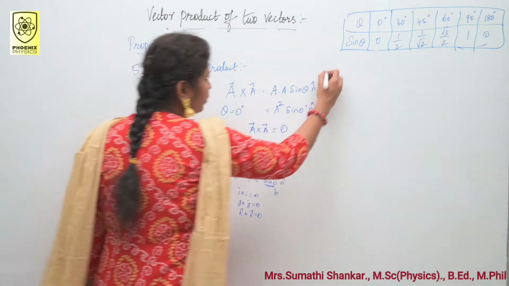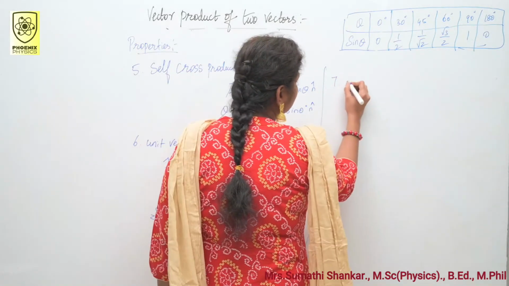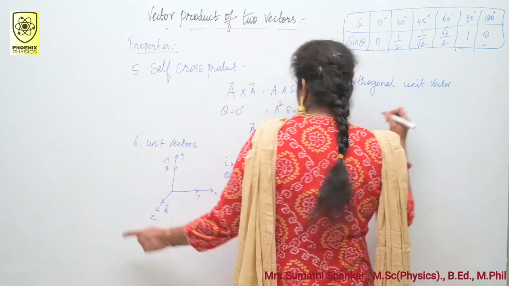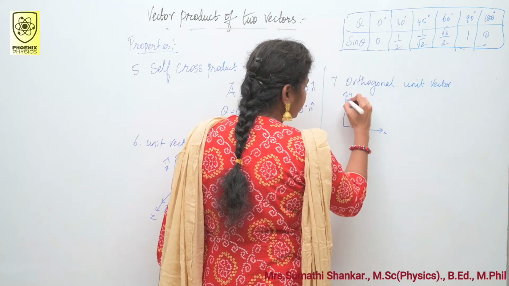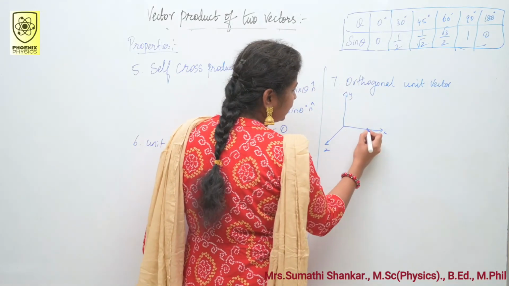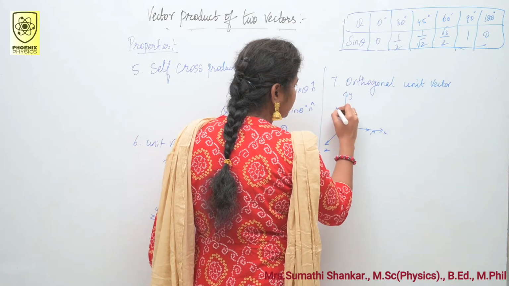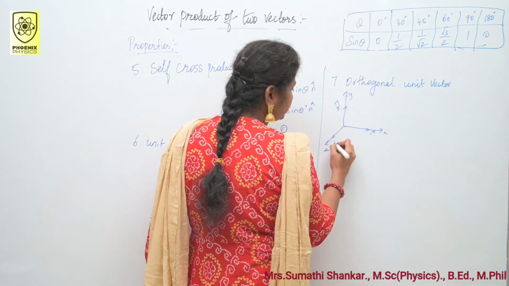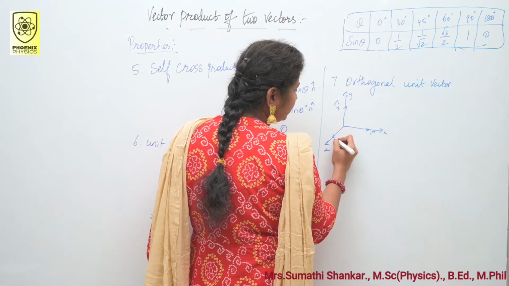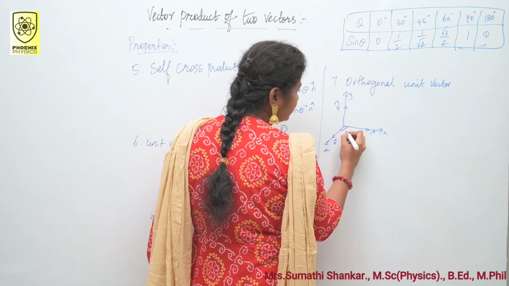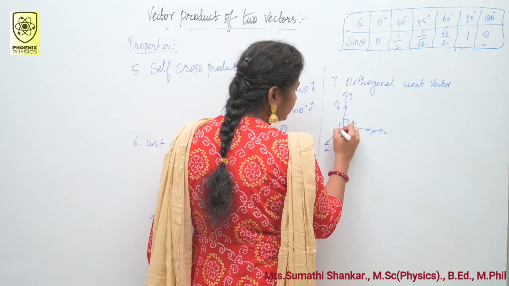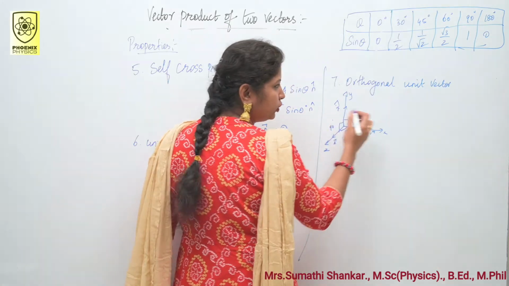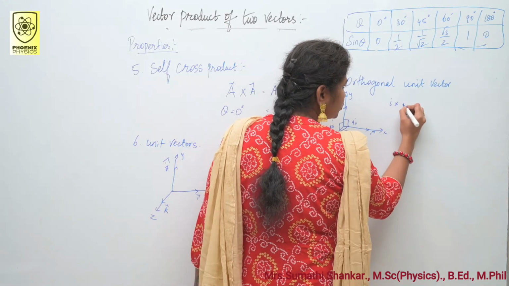Our seventh property, orthogonal unit vectors. Same diagram only, x coordinate, y coordinate and z coordinate. I vector, j unit vector and k unit vector. The angle between I and k is 90 degree, j and I is 90 degree, similarly 90 degree. I am going to find out I cross j.